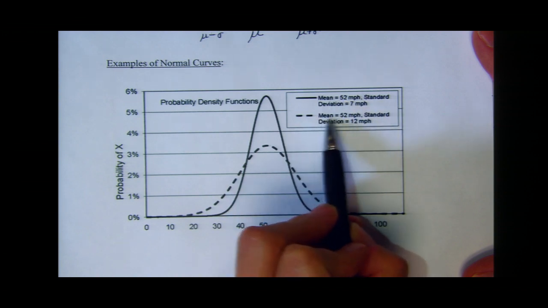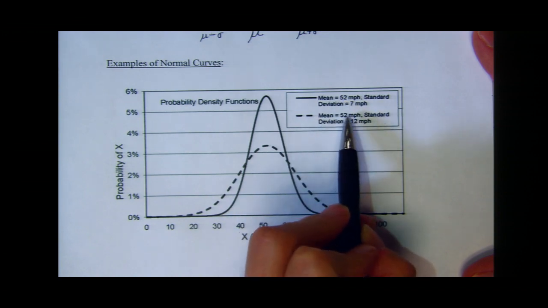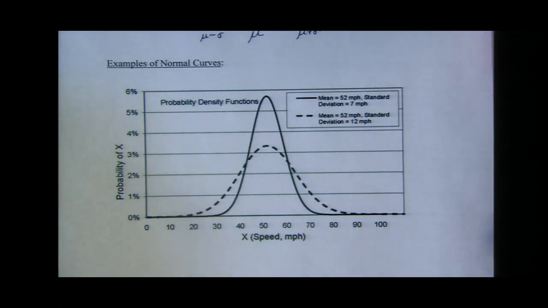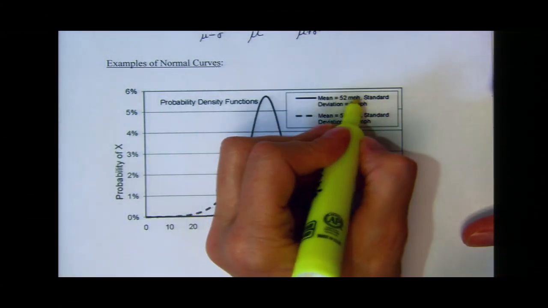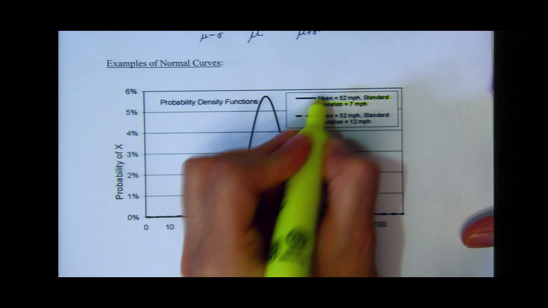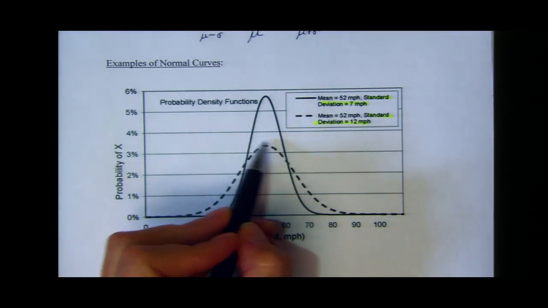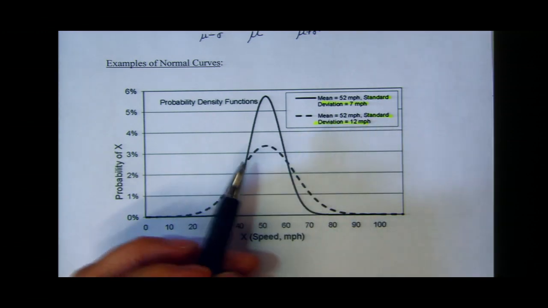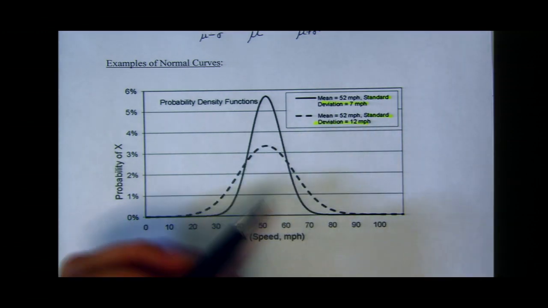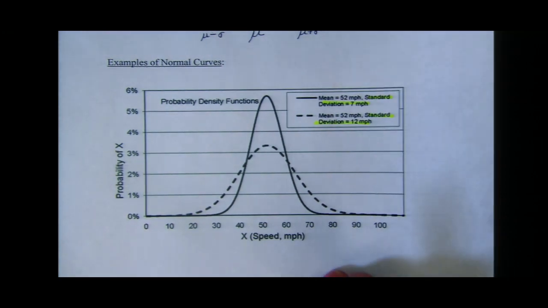The dotted line also has a mean of 52, so their average is the same, but the big difference is the standard deviation. The solid line has a smaller standard deviation, so it's taller and skinnier. The dotted line is shorter and fatter, but under each curve is still 100% of the area or the probability.